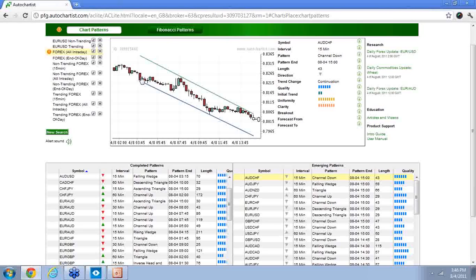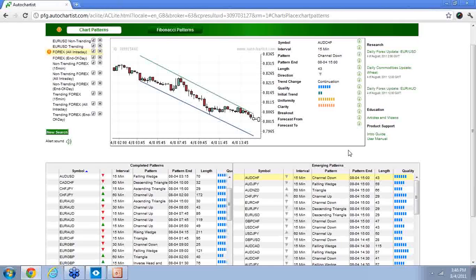We know that based on this initial trend, which was down in the beginning, and this particular high, which was made recently, the market is starting to develop a bias to the downside. But this direction is going to be known and changed when a breakout takes place. So right now, this is an emerging pattern.